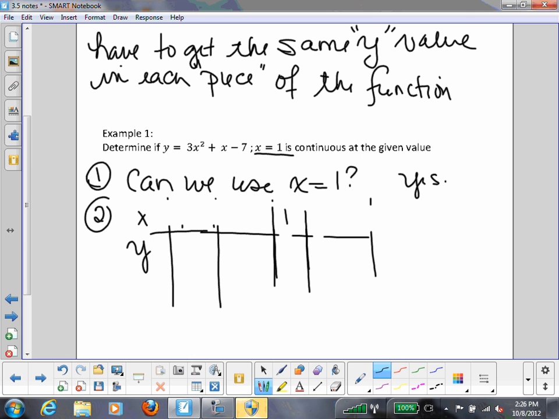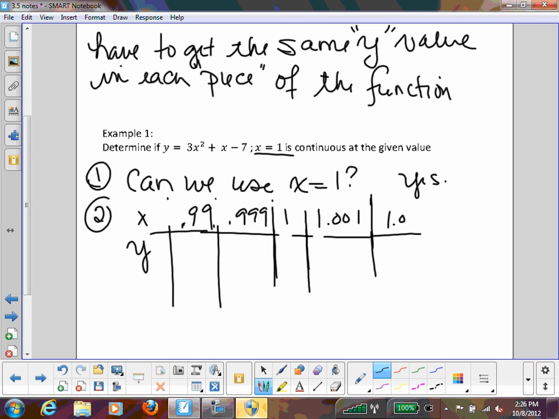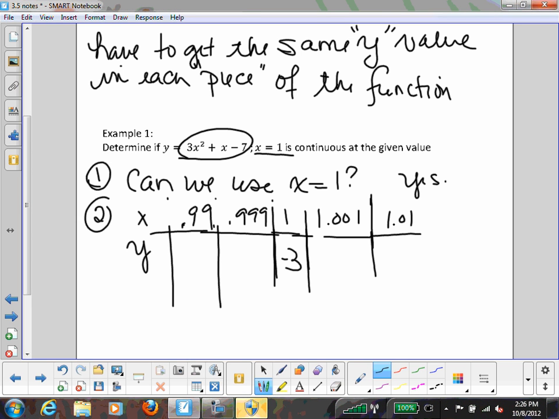So this is going to be 0.999, 0.99. This is 1.001 and 1.01. So when x is 1, we know by plugging it into here, we're going to get -3. So that means as I go from the left side and the right side of that x value, I should get something very, very close to -3. So what happens when we plug in 0.999? What do we get?